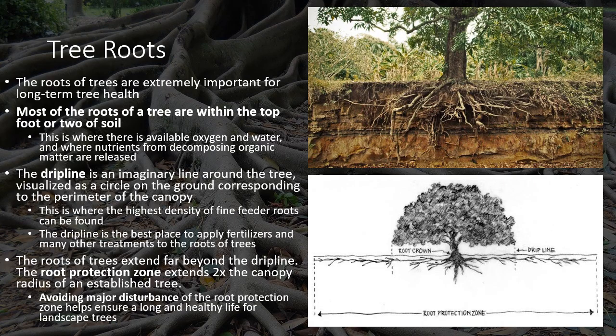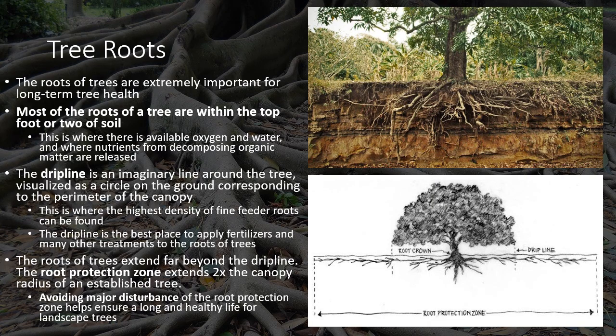Good examples of disturbance could be the installation of a driveway, the installation of a garage, any kind of major construction that's going to involve digging is going to damage the roots of that tree, introduce the possibility for decay organisms to get into the heartwood of the roots, and shorten the lifespan of that plant.